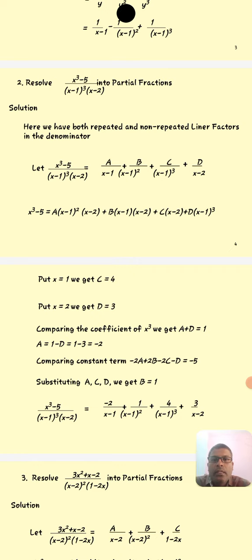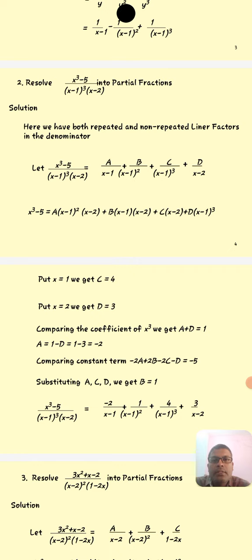Here we have both repeated and non-repeated linear factors in the denominator. Are you clear? (x − 1)³. Here x − 1 is repeated 3 times, and x − 2 is only one time.